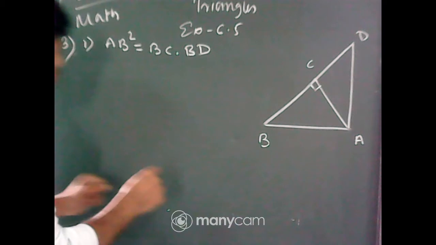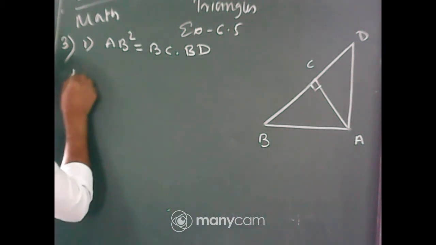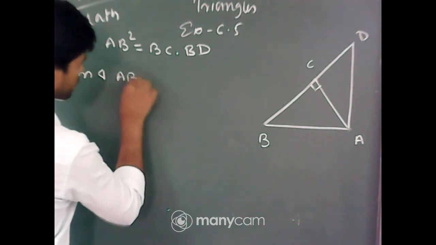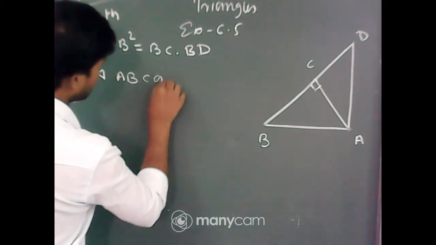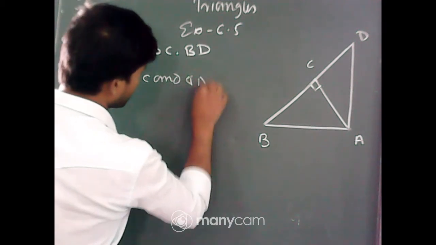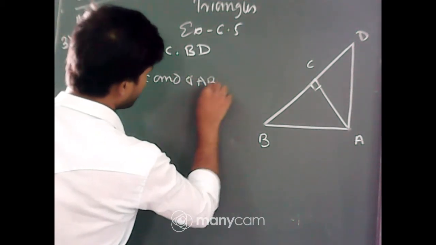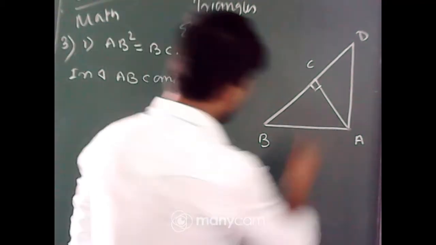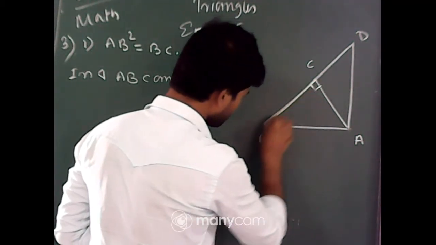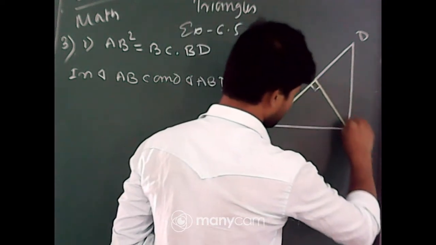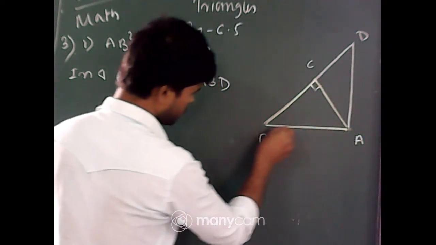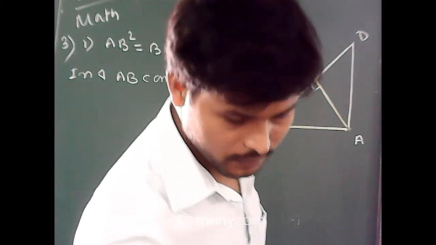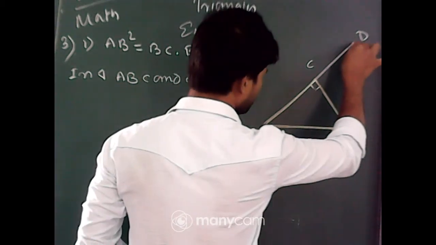For this we consider the triangle ABC and the triangle ABD. Means we are considering this triangle. One triangle is ABC, and one is ABD, this whole triangle.